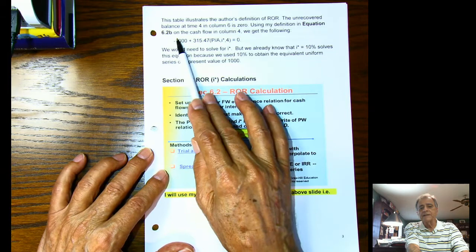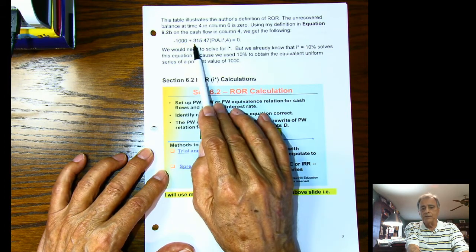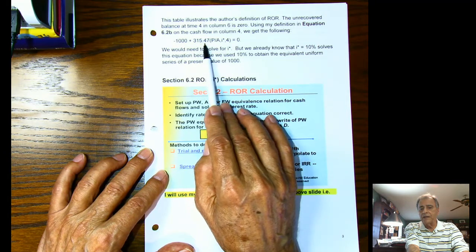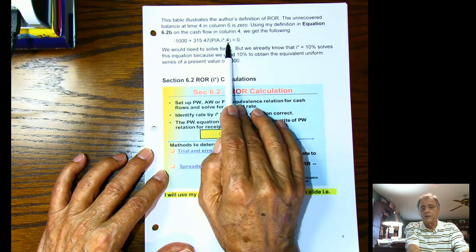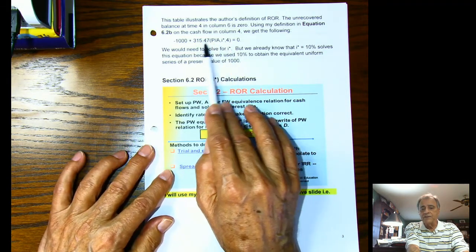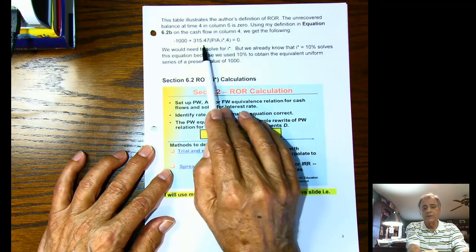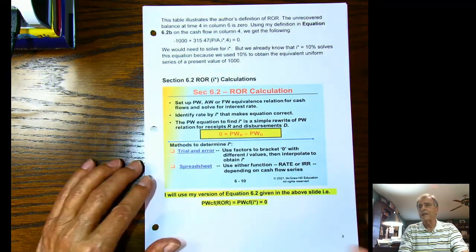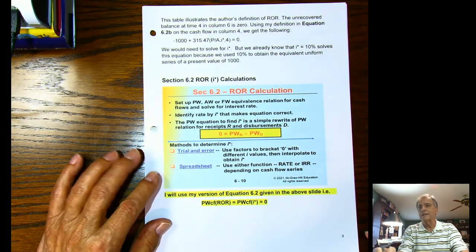So that's a negative cash flow from the bank standpoint. Then you're going to pay back $315.47 a year for 4 years. So that means that if we find a present value of that at the I-star rate, that will have to be 0. Well, we already know it's 10%, because that's how we got the $315.47.